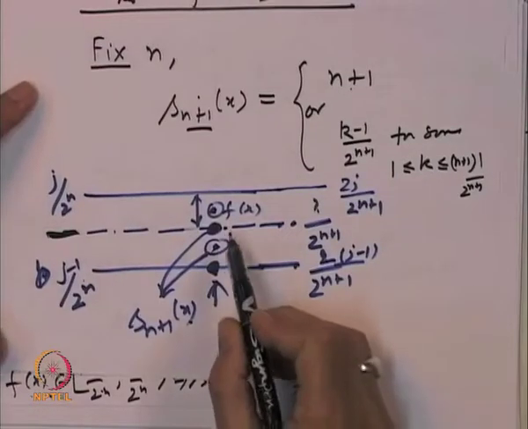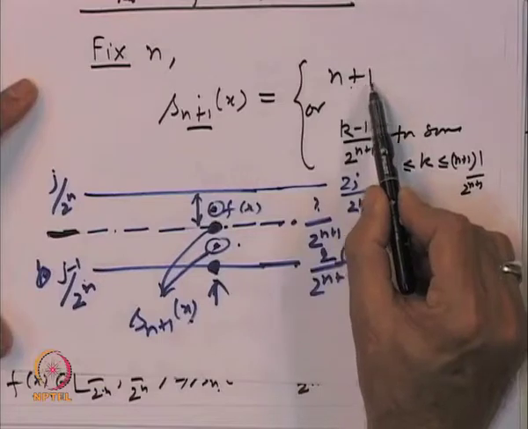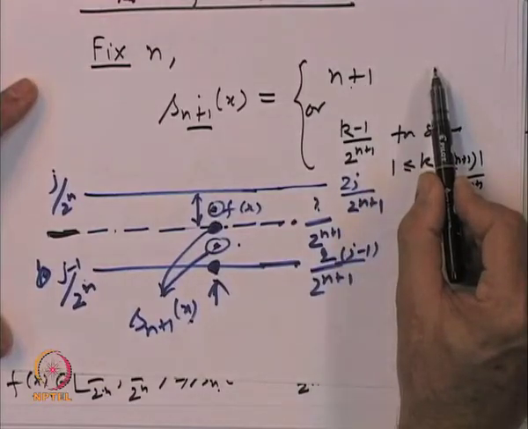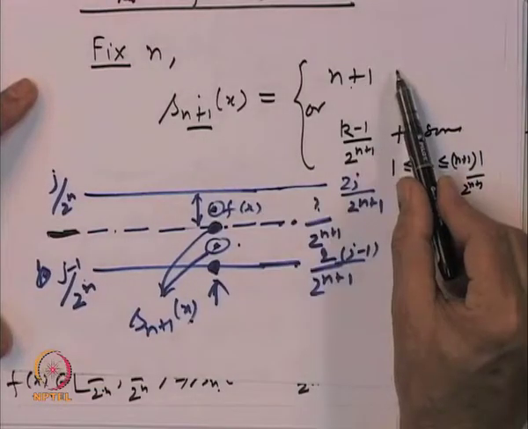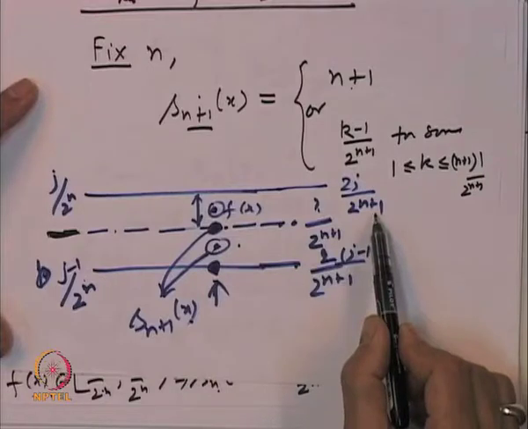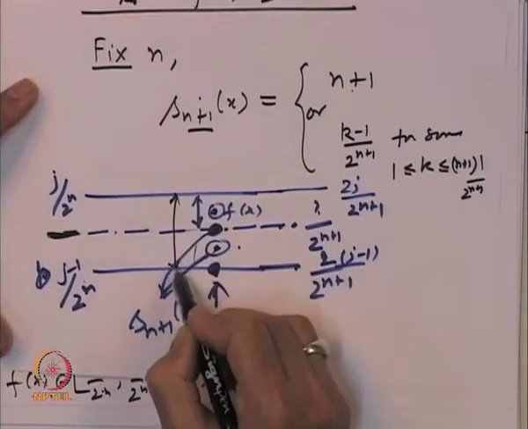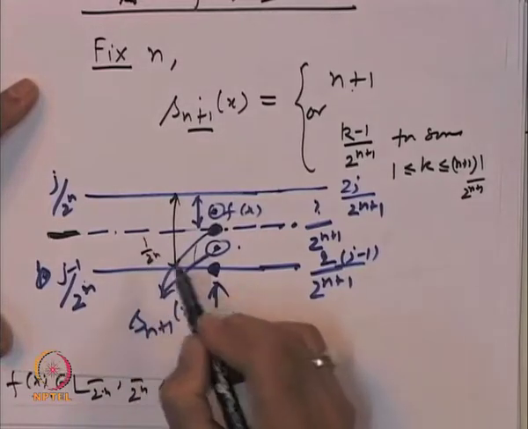So, at any stage, either S n plus 1 is bigger than n plus 1, in that case it will be bigger than n also. So, S n plus 1 will be bigger than S n. If not, it will be in one of those sub intervals of length 1 over 2 to the power n plus 1, but how did we get those? So, this total length is 1 over 2 to the power n.